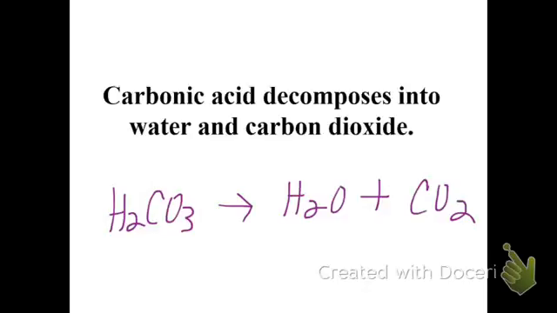So if you are doing a double replacement and you think it's forming carbonic acid, that needs to be something you ingrain in your head. Write it as H2O and CO2 because it immediately decomposes. So does sulfurous acid, the one we just saw, and ammonium hydroxide. NH4OH immediately decomposes into NH3 and H2O.